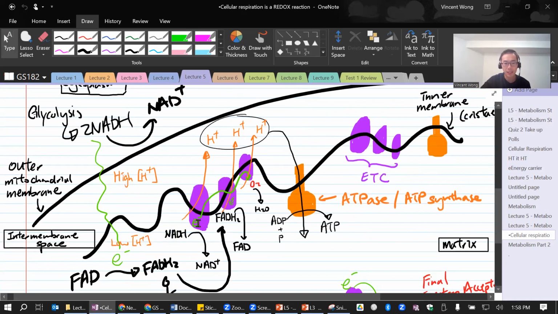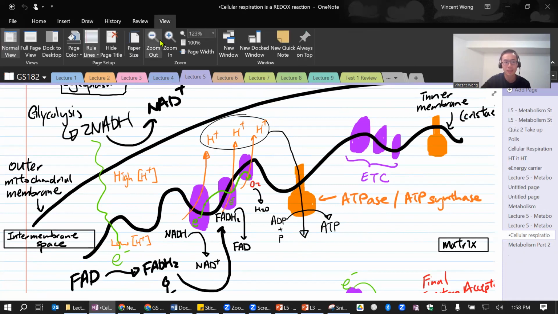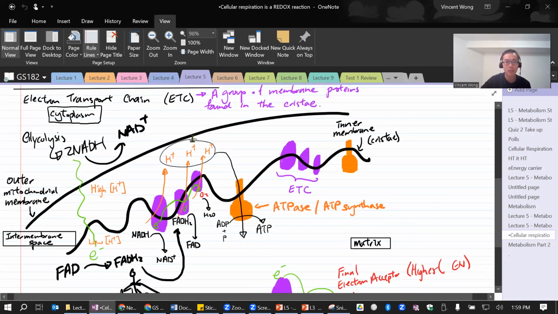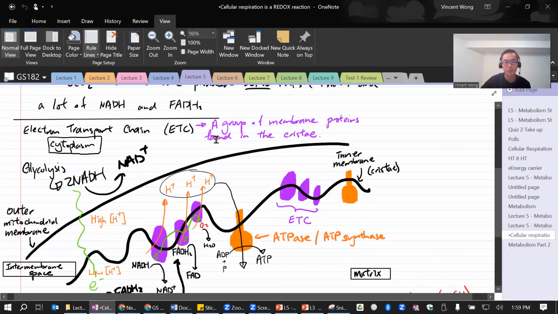It will pick up the electrons from the carrier and use the energy from the electrons to pump H plus from the matrix into the intermembrane space. Once you have this gradient, they could come back in through the turbine to create ATP. So the ETC is just a bunch of proteins, right? Check the notes here. ETC, a group of membrane proteins found in the cristae.